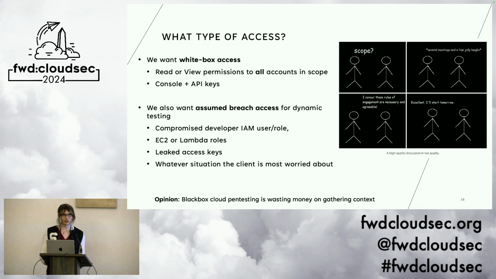So this is essentially whatever situation your client's most worried about. If they're worried about GitHub credentials being leaked, things like that, or a compute instance getting compromised, and then somebody has credentials now. So these might vary from client to client, but there's kind of categories, and I would recommend starting with whichever one they're most worried about.